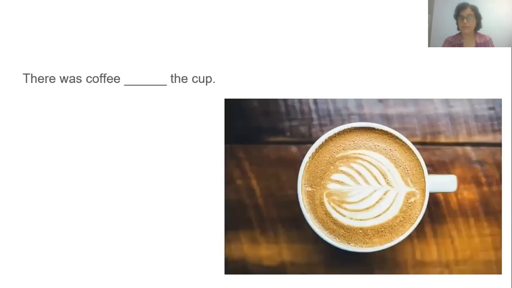There was coffee, dash the cup. Think, is it just getting there or is it in there? Does it show movement or is it at rest? Let's see if you guessed this one right. There was coffee in the cup. Because there's no movement, the coffee is already in that cup.